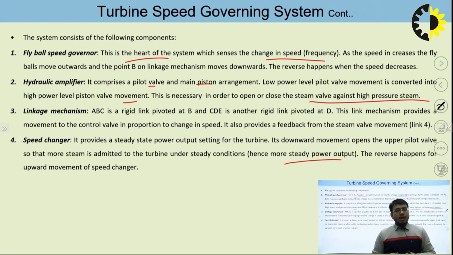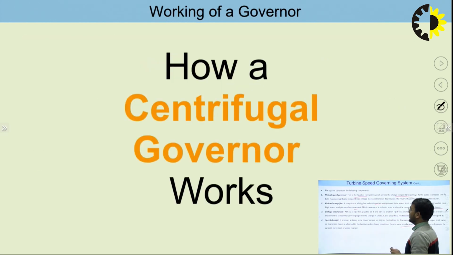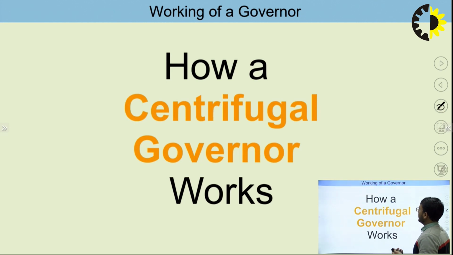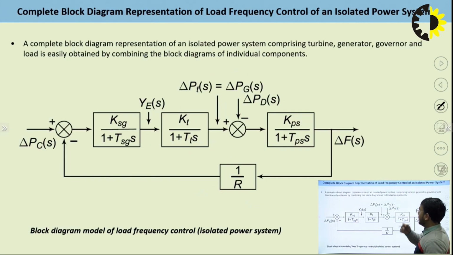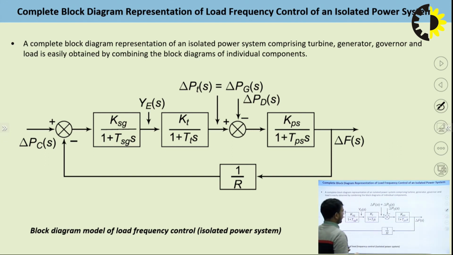And lastly I would like to show you the block diagram of the complete system, right? This is the complete block diagram for representation of load frequency control of an isolated power system. Here you can see that there are 3 blocks. First is for the speed governor. This is the block diagram for the speed governor.